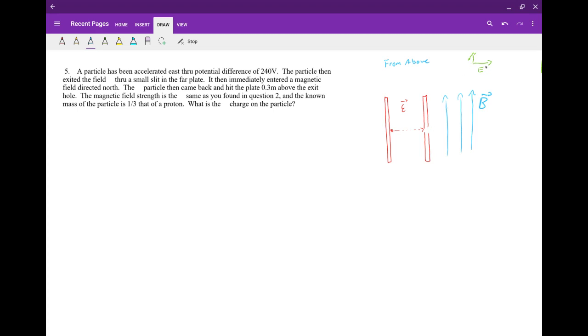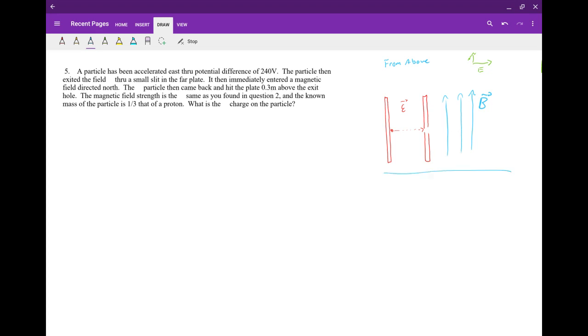So that's north, that's east, and up would be towards us, out of the screen. So this thing comes out of the exit, flips towards us, comes back and hits the plate here, at 0.3 meters above the exit.